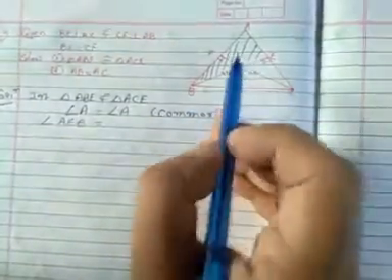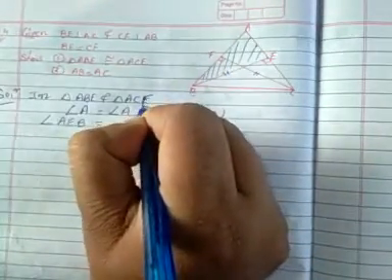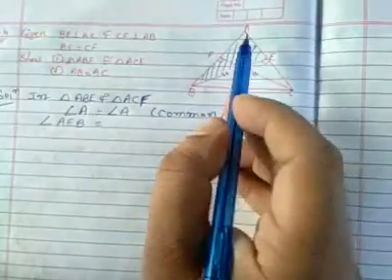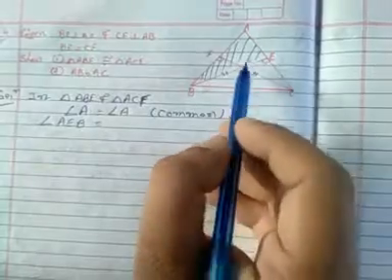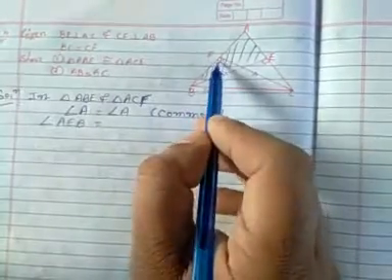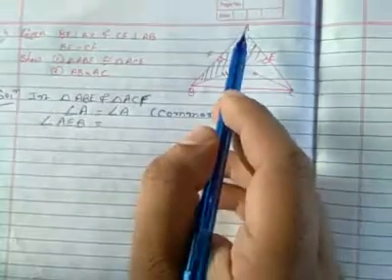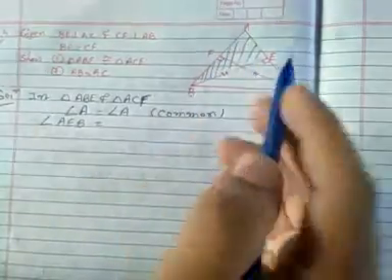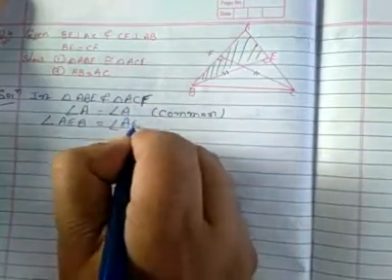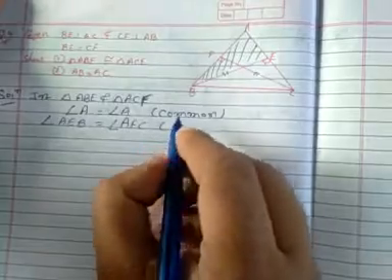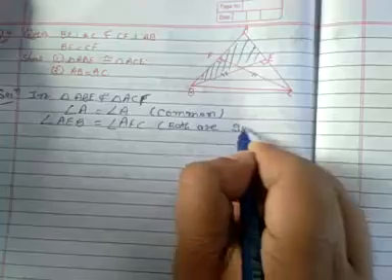Now in triangle ACF, here we can say that F is a right angle. Am I right? So you can write angle AEB is equal to angle AFC, because both are right angles.